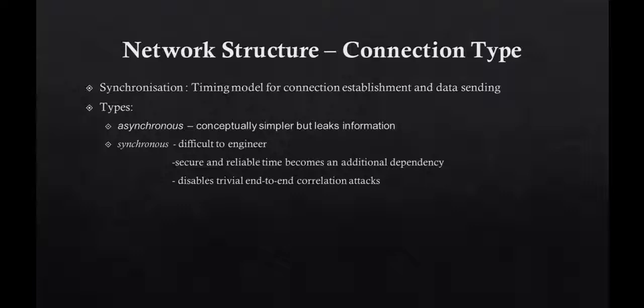Connection type: synchronization. Synchronization, by definition, is a timing model for connection establishment and sending data. Here the types are asynchronous and synchronous. Asynchronous is when the user initiates links and relays of the message without any time synchronization with the other participants.